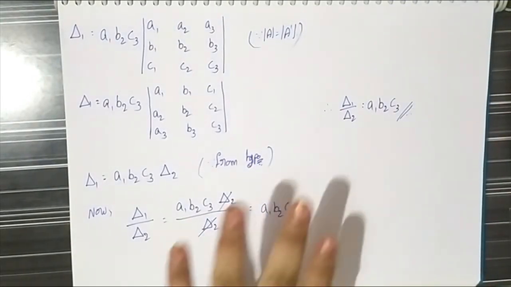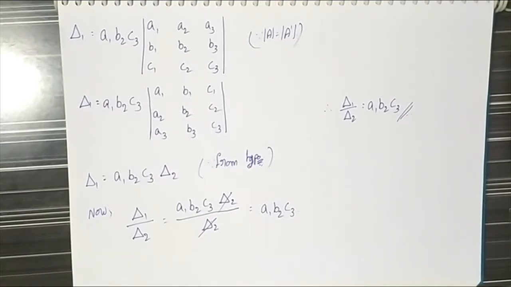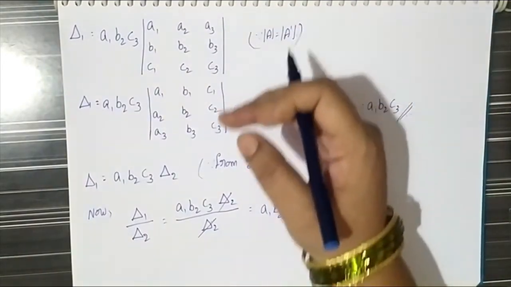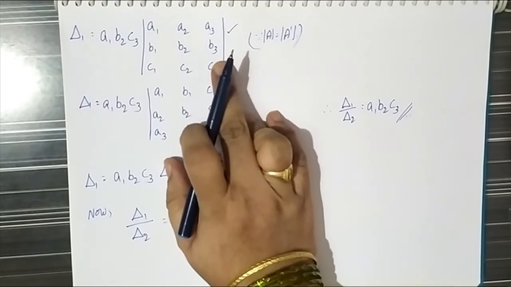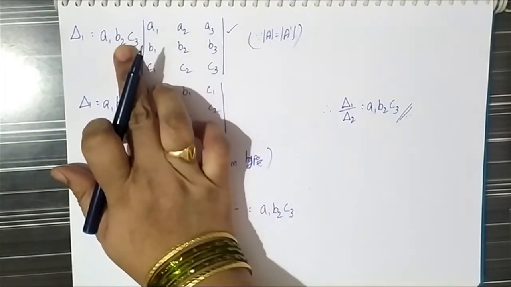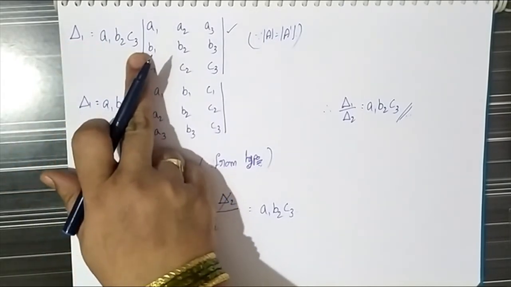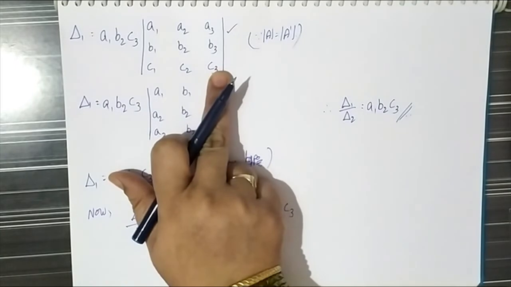This can be solved by using the given hypothesis. First, we take the delta 1 value by simplifying that determinant into this by applying some operations and taking common terms. Then we have delta 1 equal to A1 B2 C3, determinant A1 A2 A3, B1 B2 B3, C1 C2 C3.